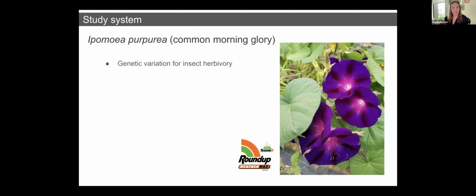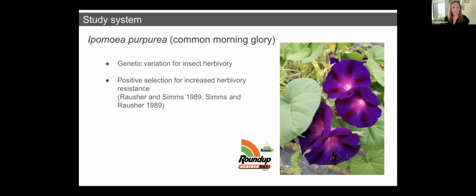And the reason that she wanted to was because we've already established some of the basic criteria for asking this question. So previously it's been shown that there's genetic variation for insect herbivory in the species. And as well, Ellen Sims' work in the late 1980s showed that there's positive selection for increased herbivory resistance.